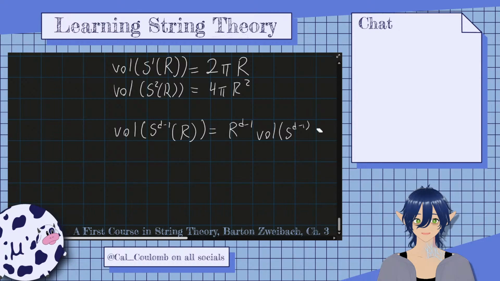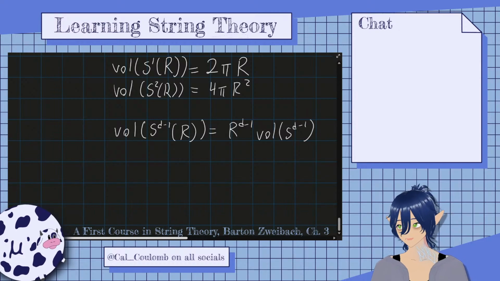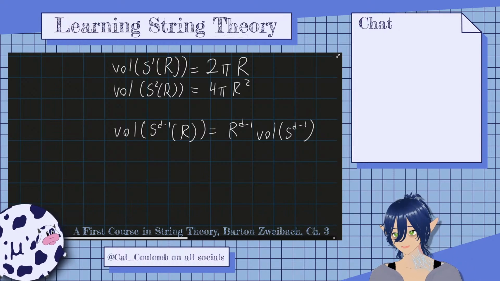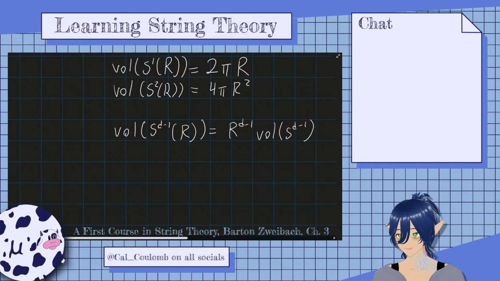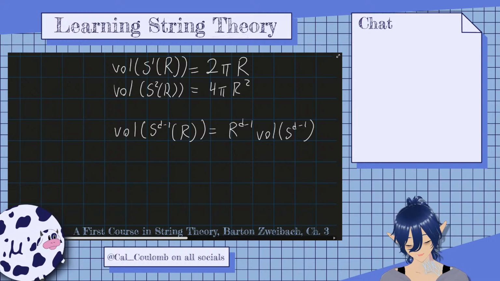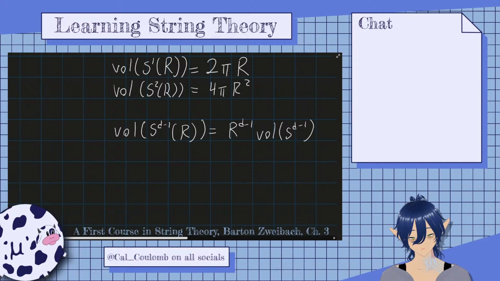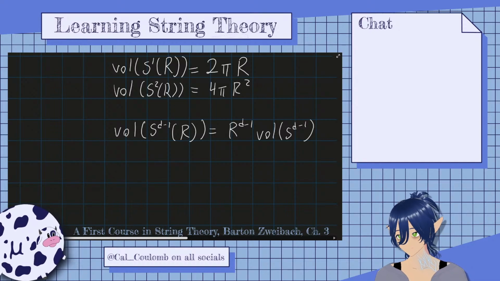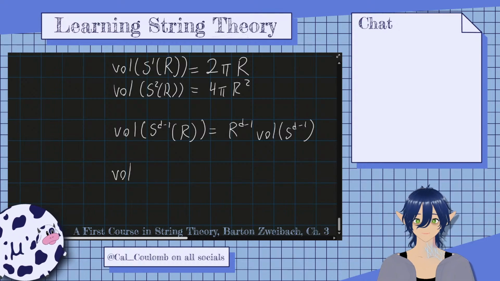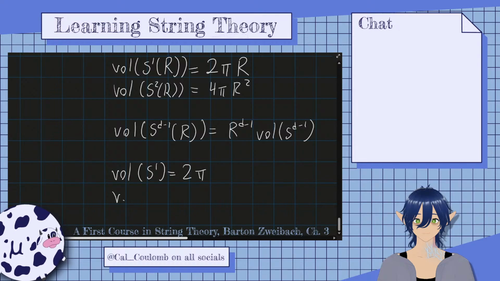Again, because we've dropped the argument here, we just mean the unit sphere. Since the radius dependence of the volume is easily recovered, it suffices to record the volumes of unit spheres. So the volume of S1 is equal to 2 pi. The volume of S2 is equal to 4 pi.